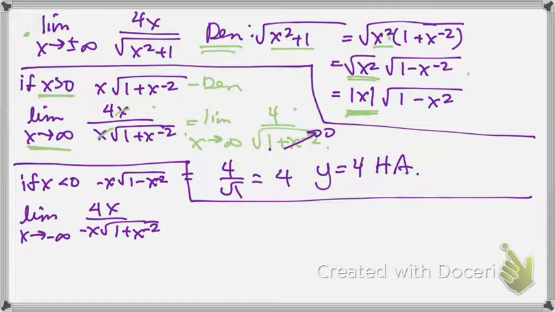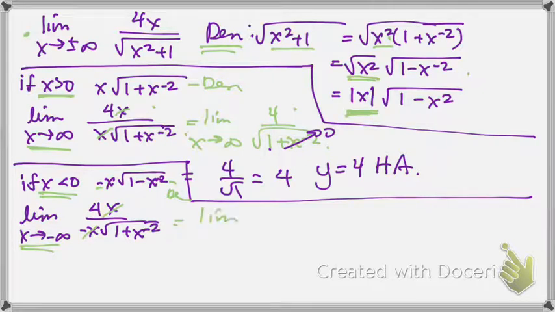Okay, now let's look at the case if x is less than 0. So these are the values as we're approaching negative infinity. Now keep in mind, my denominator is going to be a negative this time because of what we saw earlier. Okay, and if we rewrite the expression, my x's are going to cancel.